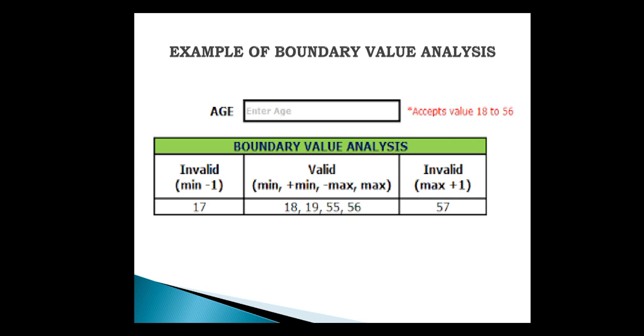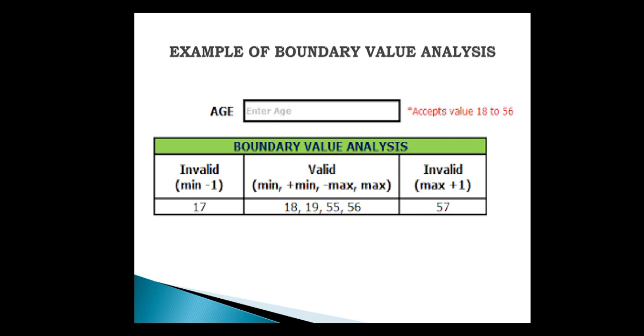The values from 18 to 56 are the valid set, and values above 56 and below 18 are the invalid set. The minimum boundary of my valid set is 18, so minimum minus 1 is an invalid boundary. If I enter 17, it is invalid.